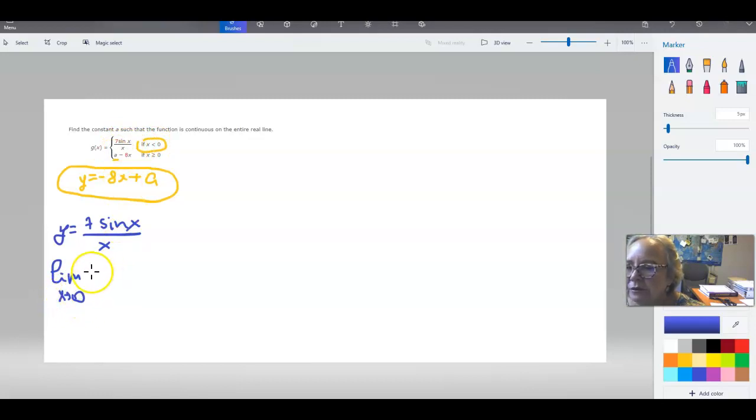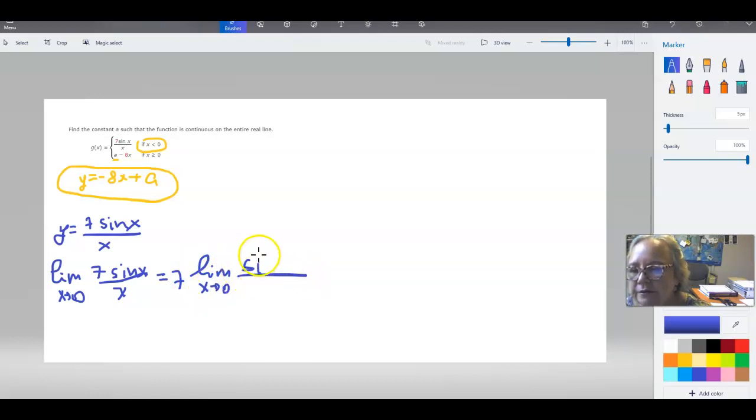It's a special trigonometric limit. For 7 sine x over x, we take 7 outside and have the limit as x approaches 0 of sine x over x. As you remember, it's a special trigonometric limit, so this limit is 1. So we have 7 times 1, this limit is 7.